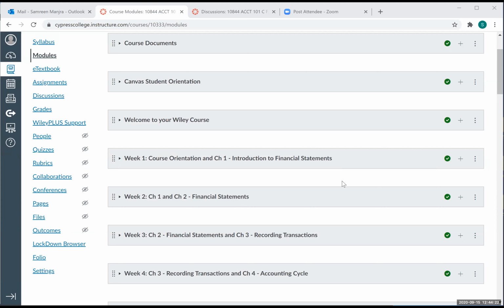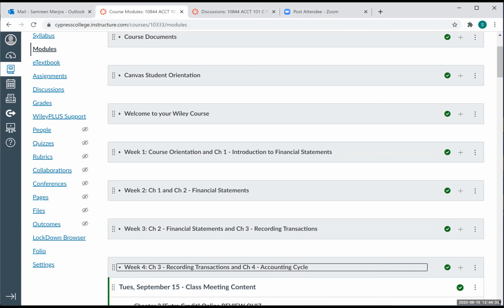Now we are going to go into our Canvas website, and we will be looking at the modules area. For our Chapter 3 content, this is continued in our Week 4 module.